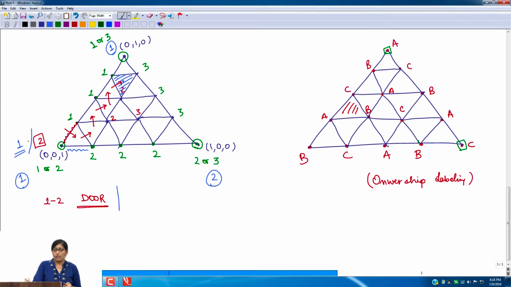Okay. So is this clear? Yeah, this is a fairly easy argument once we have seen yesterday's argument.